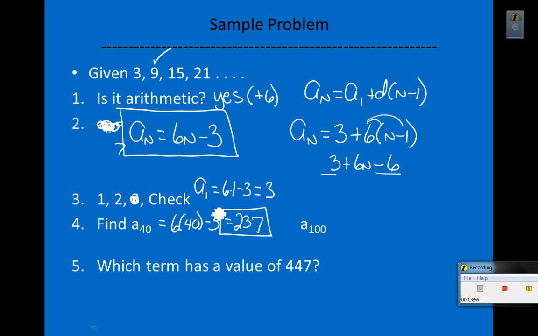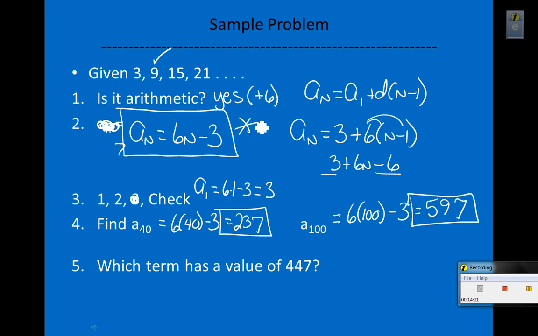Now let's find a sub 100. To do that, just plug 100 into your formula. So it's going to look like this: 6 times 100 minus 3. You can run that through your calculator, you're going to get 597. So the hard part was just finding your formula.